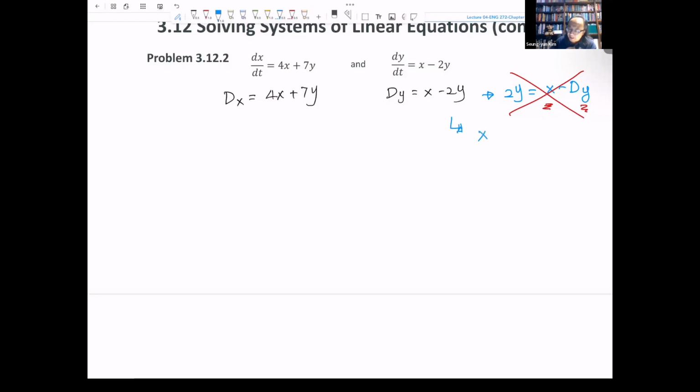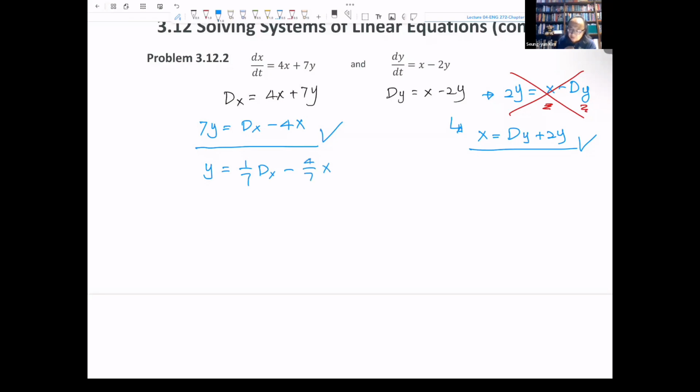But if you let x equal Dy plus 2y, that's good because x equals all y. From the left side, Dx, you let 7y equal Dx minus 4x. This is also good. Then y equals 1 over 7 Dx minus 4 over 7 x.